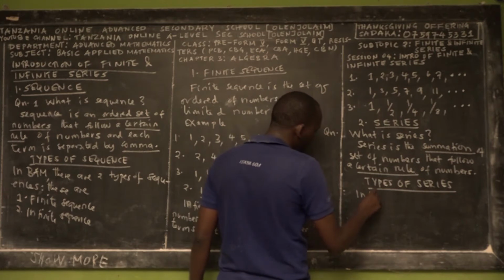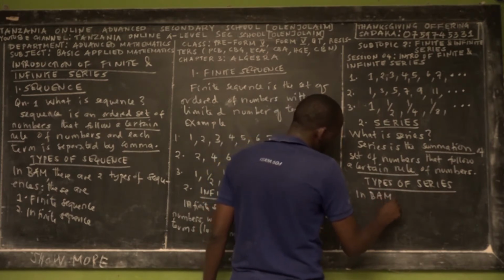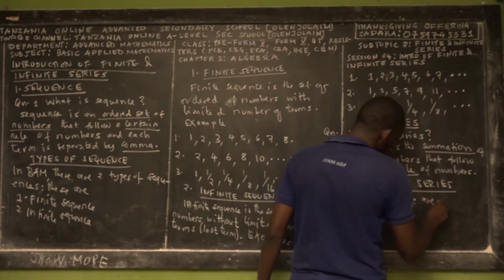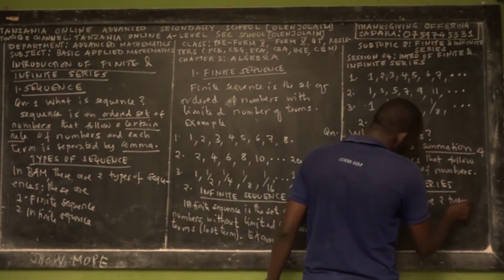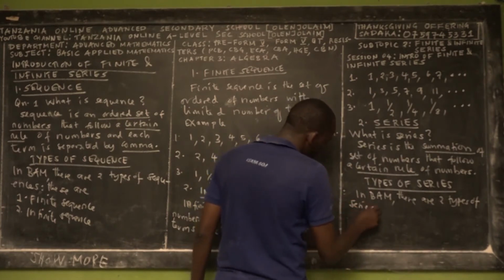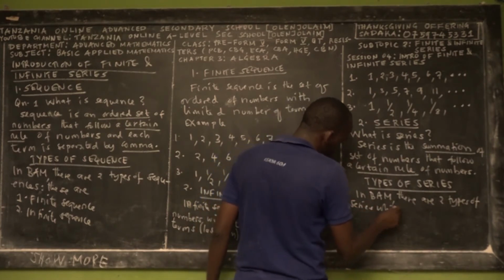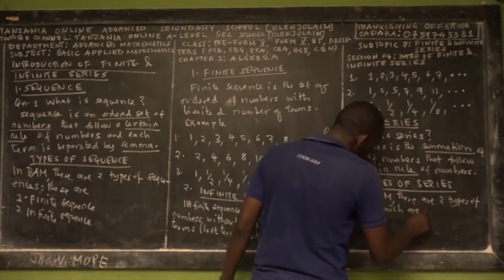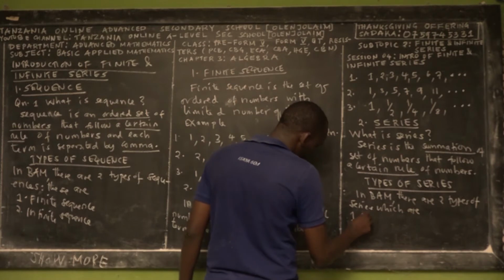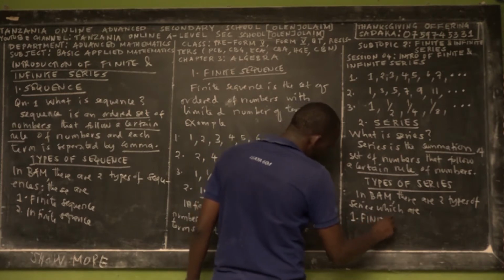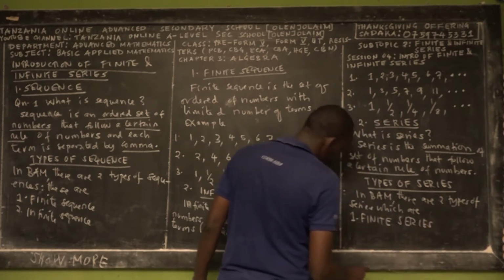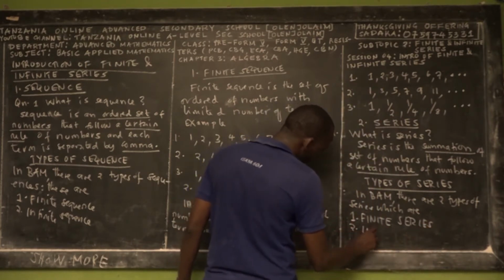So you say that in BAM there are two types of series, which are: first one is called finite series, and the second one is called infinite series.